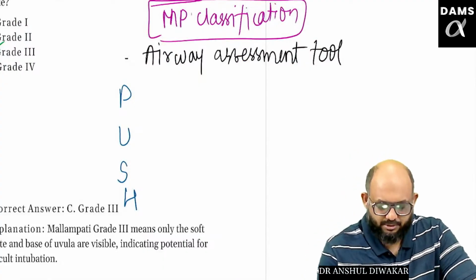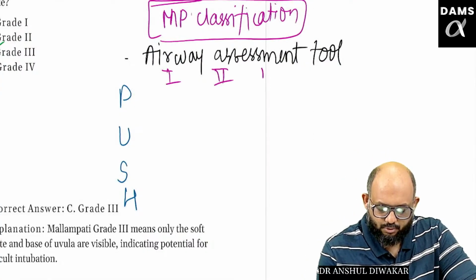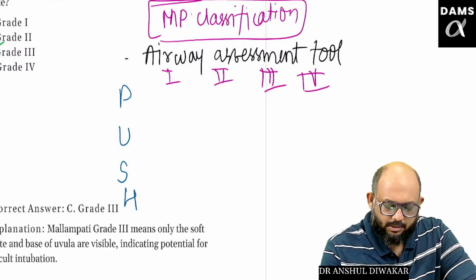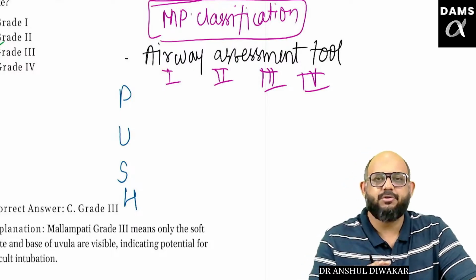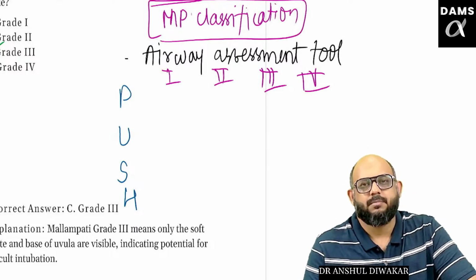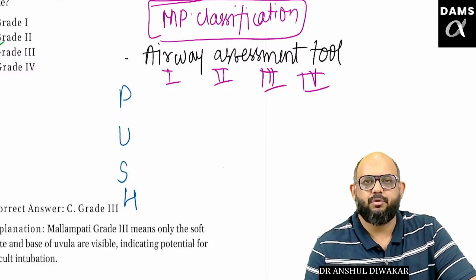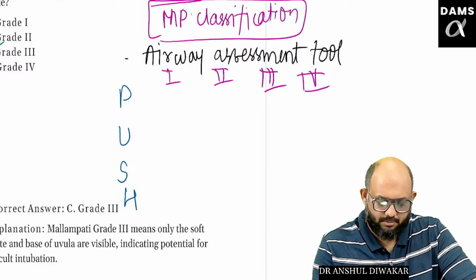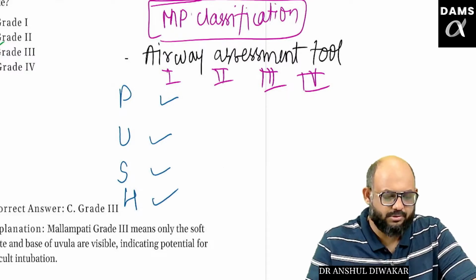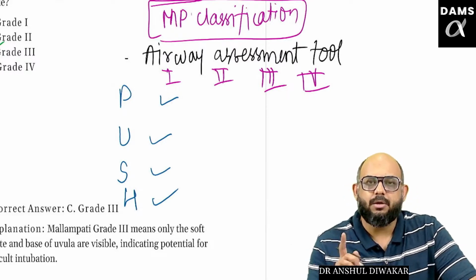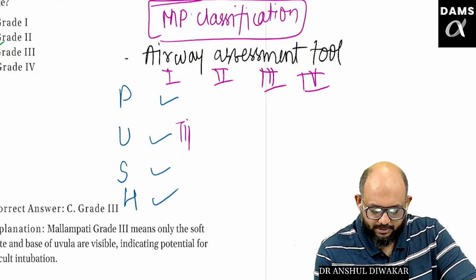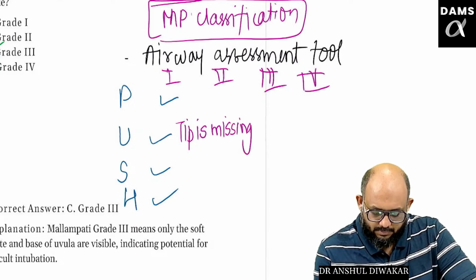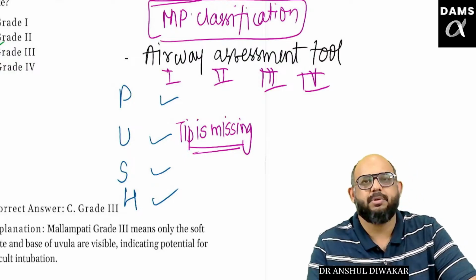Based on its visualization, we have four classes: 1, 2, 3, and 4. Now, only tell me the keyword that you have to remember in each of the classes. In class 1, you have to remember all structures are visible. In 2, the keyword that you have to remember is that the tip of uvula is missing. Only the tip of uvula is missing.